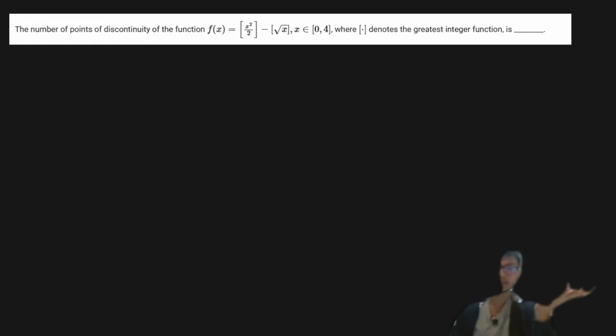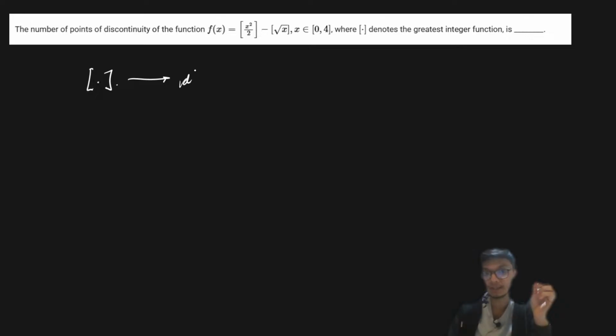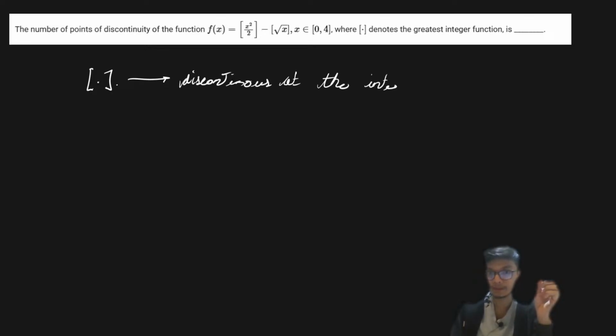So if you look at the function that is given over here, you will see that we have a greatest integer function, right? Greatest integer functions are discontinuous, especially at the integer locations.